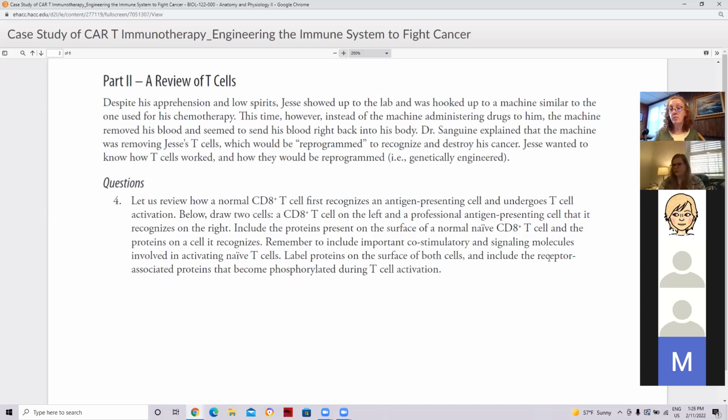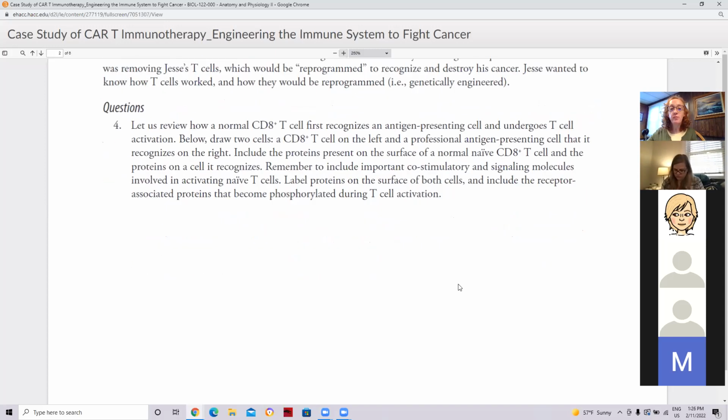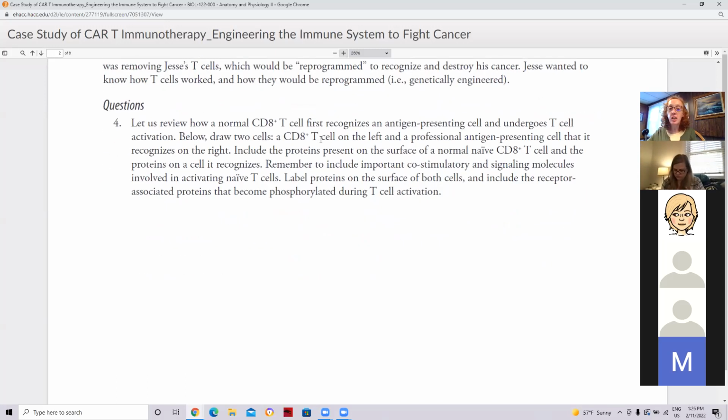We're not so worried. I'm not going to ask you to be able to understand reprogramming and genetic engineering. But let us review how a normal CD8 cell first recognizes an antigen presenting cell and undergoes T cell activation. Below, draw two cells, a CD8 plus T cell on the left and a professional antigen presenting cell that recognizes it on the right.